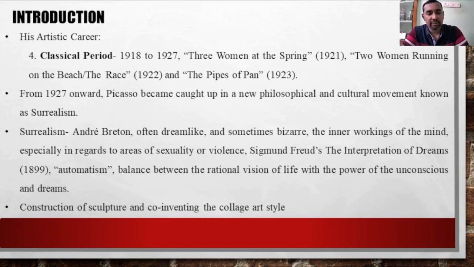The work of Sigmund Freud, particularly his book The Interpretation of Dreams that came out in 1899, was profoundly influential for surrealists. A fundamental aspect of the surrealist movement is a mode of expression called automatism, which involves the automatic or uncensored recording of the thoughts and images that emerge into an artist's mind. It is something like the stream of consciousness technique, in which you trace the character's thought processes.